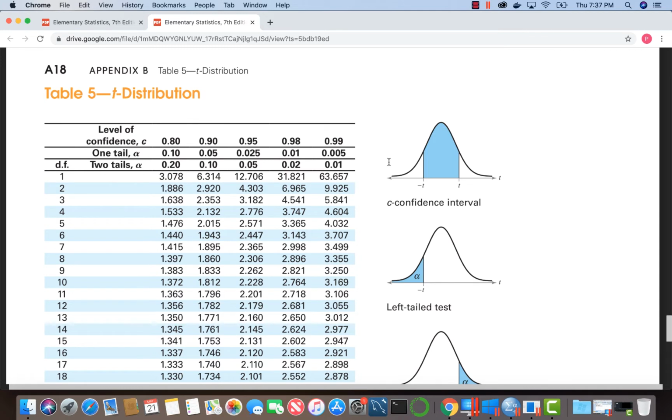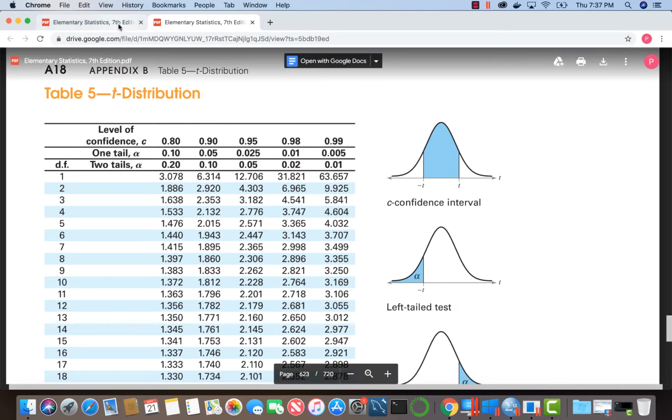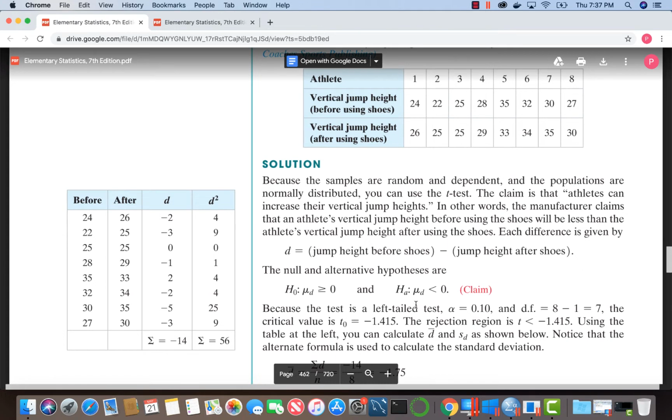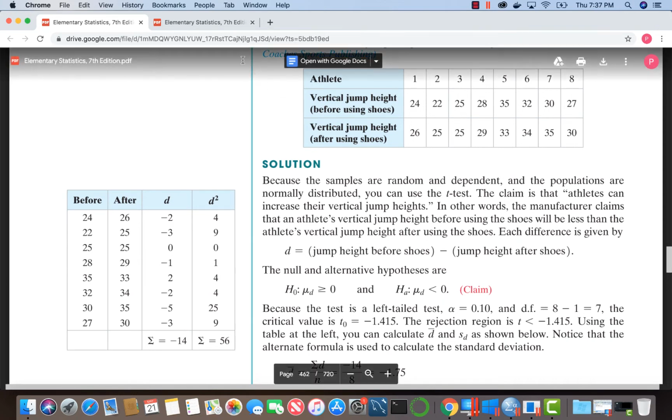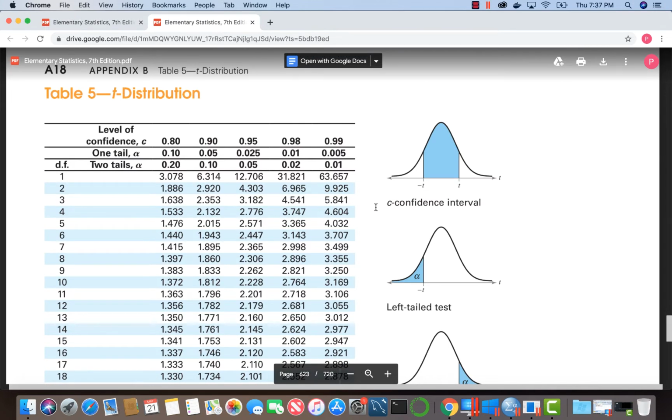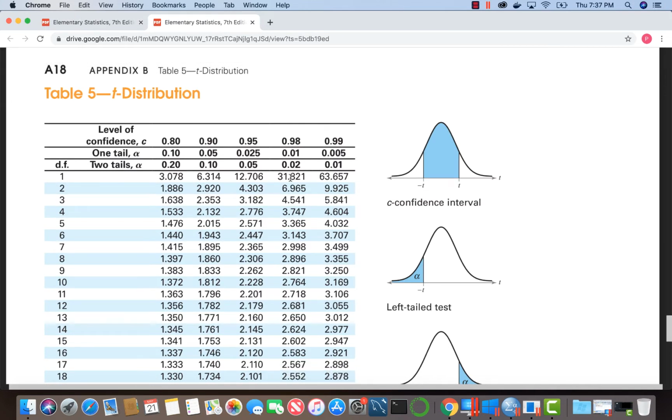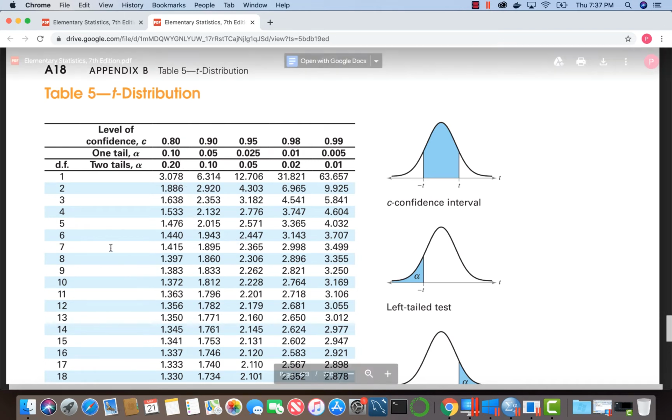So here's our t-distribution, and just recall here, the alternative hypothesis is that the mu of the differences is less than 0. So since it's less than a value of 0, we're doing a left-tail test. Area in one tail is 0.10, and degrees of freedom was 7.